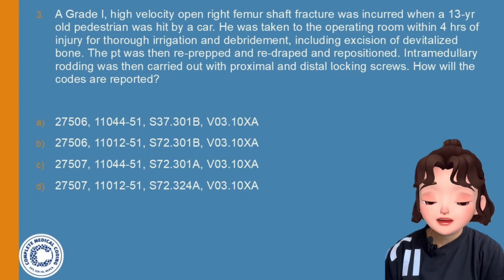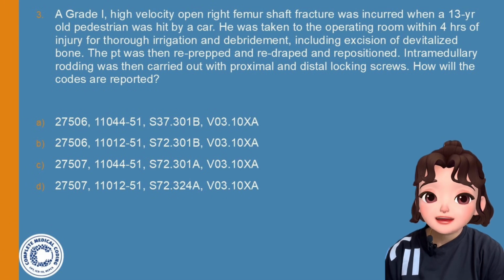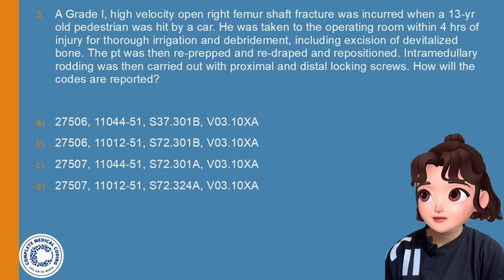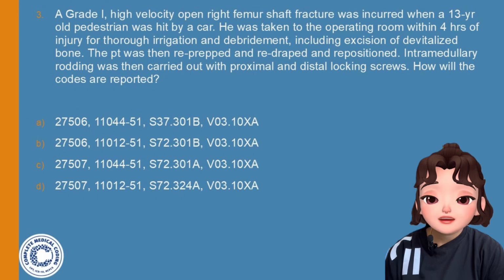Yes, this is the correct CPT code, right? Because this is the debridement and removal of foreign material at site of an open fracture. And excisional debridement, that is also mentioned. Including excision of devitalized bone is mentioned in our question. So you have to code this one, 11012. So what is 11012?